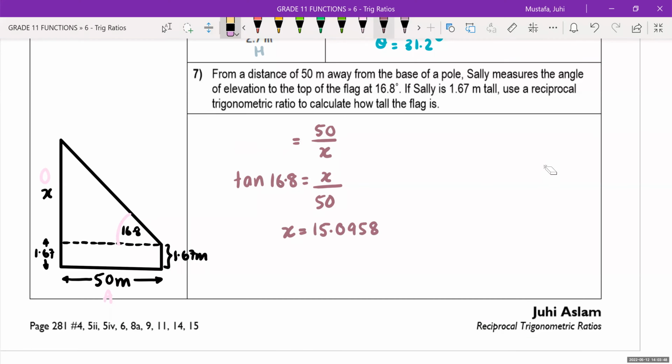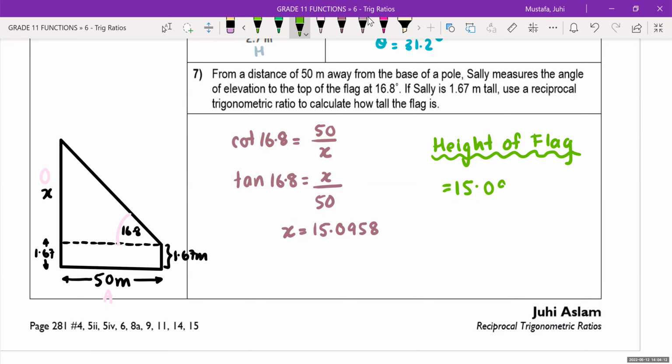Like right here, I should have put cotangent 16.8. So we figured out what X is, and now to figure out how tall the actual flag is, we're just going to add 15.0958 meters plus 1.6 meters, because that's how tall Sally is. So 16.8 times 50 plus 1.6.